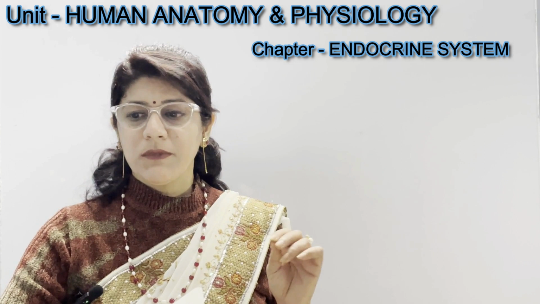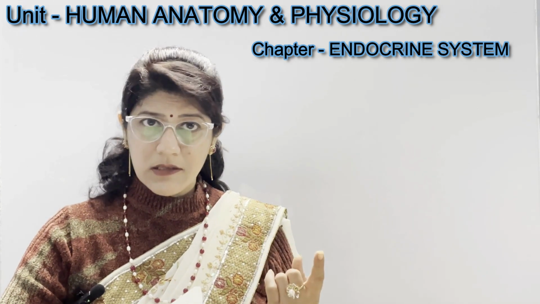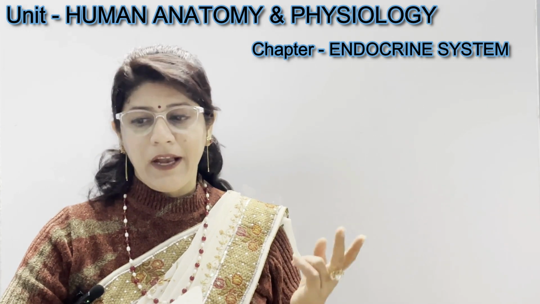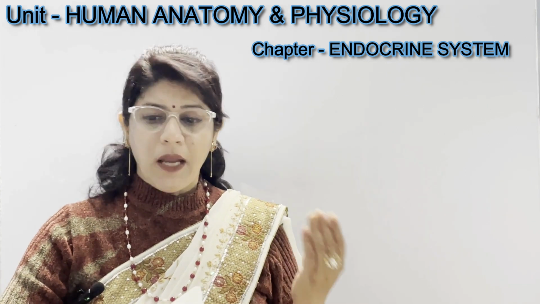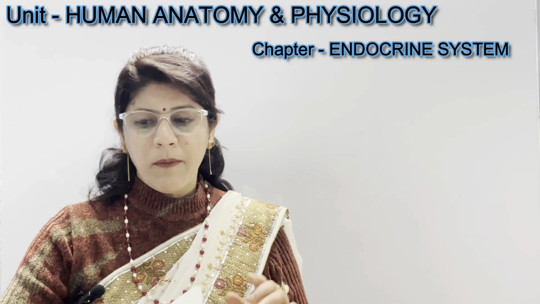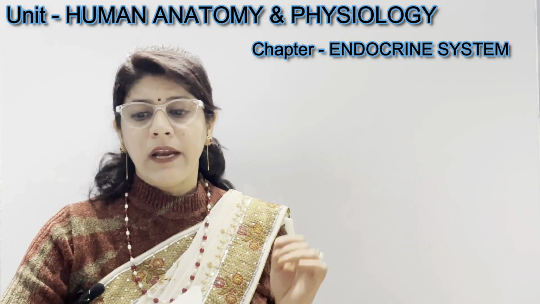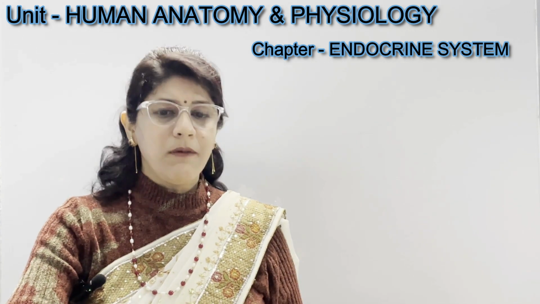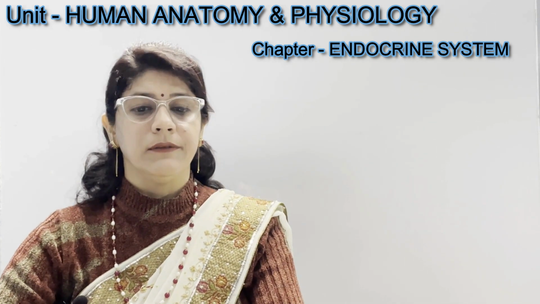Important differences from this topic are Addison's disease and Cushing syndrome, simple goiter and exophthalmic goiter, diabetes mellitus and diabetes insipidus, myxedema and cretinism, and nervous control and hormonal control. And many more differences are there.